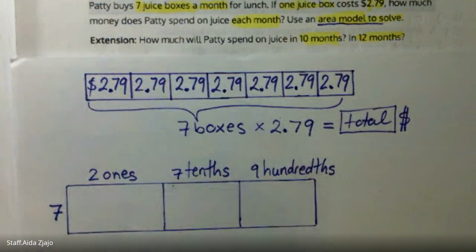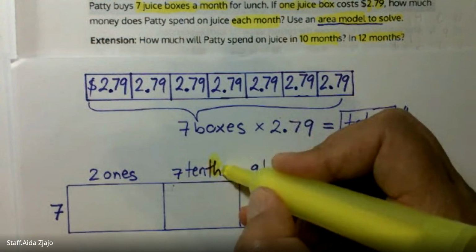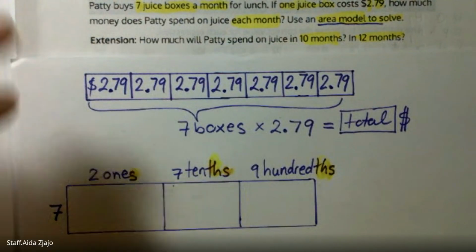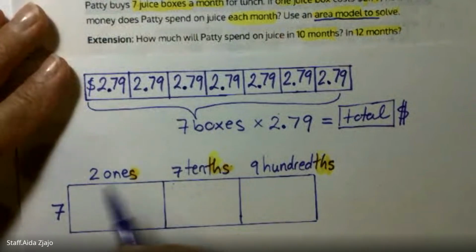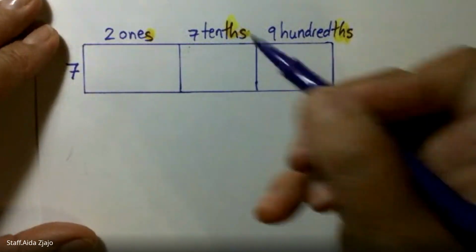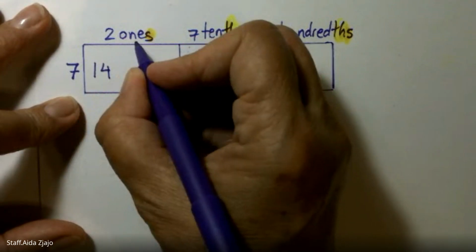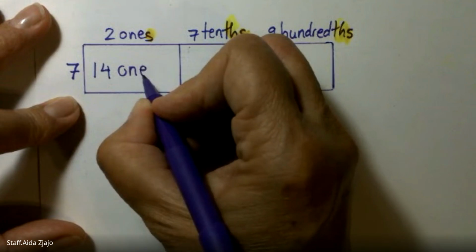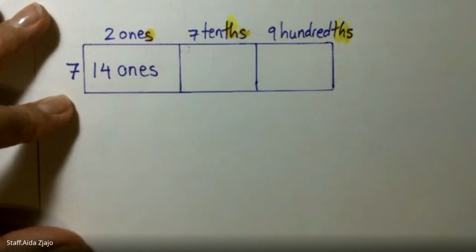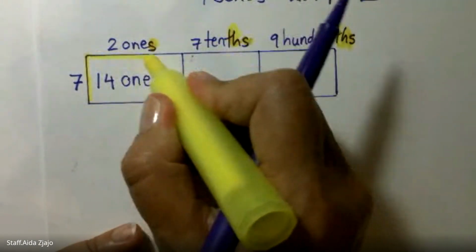Okay, so now these are the ones, the tenths, and the hundredths. When you use language, it's important that you know 2 times 7 is 14, but 14 what? They are ones. So I make 14 ones. Now it's the same thing. If this line is 7, so 7 times 2.